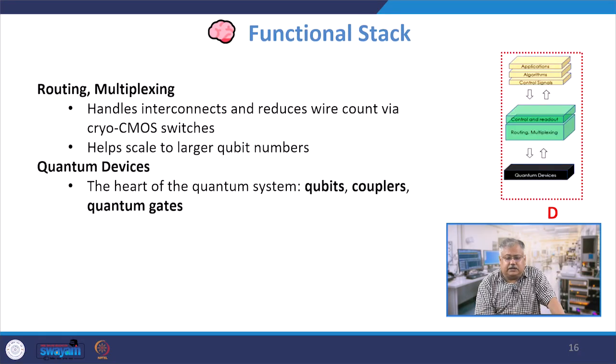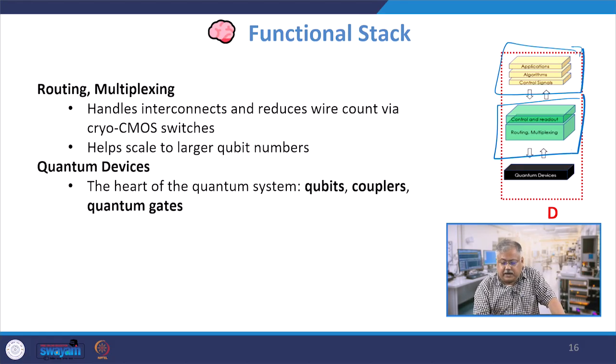Let us come to the functional stack. The functional stack basically consists of the block D, and if we go step by step, the control, readout, routing and multiplexing stack is where you do the electronics part, right. This is the electronics part. This is the application of the control signal and algorithms part, and this is where the quantum devices are stored.